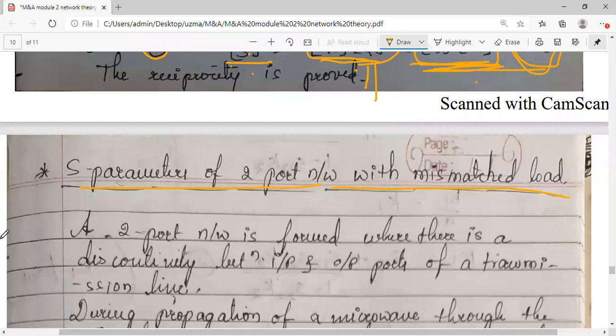Now, if I consider a mismatched load, what will happen? We will come across certain reflections. So how to find those reflections? How to find the S parameters? Without reflections, it is easy to find. But with reflections, you need to find the reflection coefficient. Then you will be able to find the S parameters.